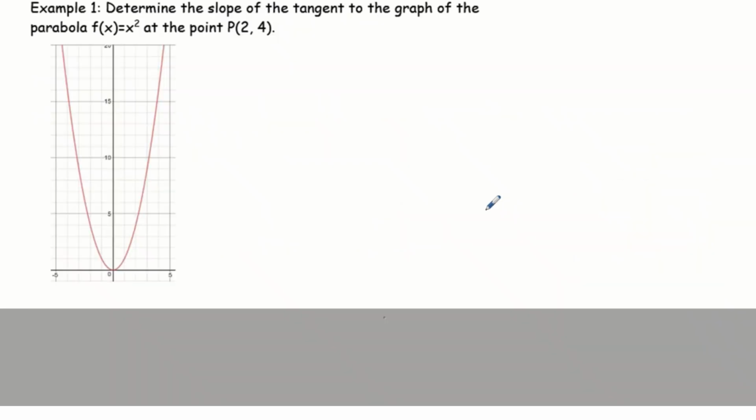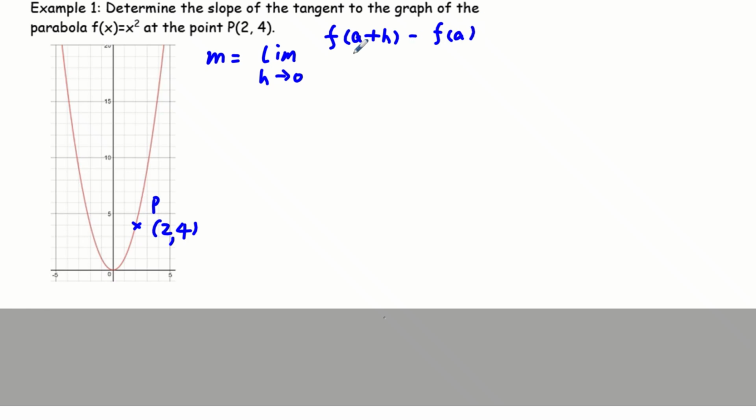So this is example 1. Determine the slope of the tangent to the graph of f of x equals x squared at point (2, 4). So this is our point P. And we are going to use our slope formula for the tangent: the limiting value as h approaches 0, and we use the general form, f of a plus h minus f of a, all over a plus h minus a, which gives you h.